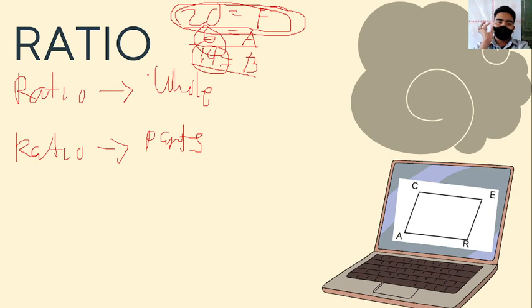So it means apple and banana are your parts, and your 20 would be your whole.